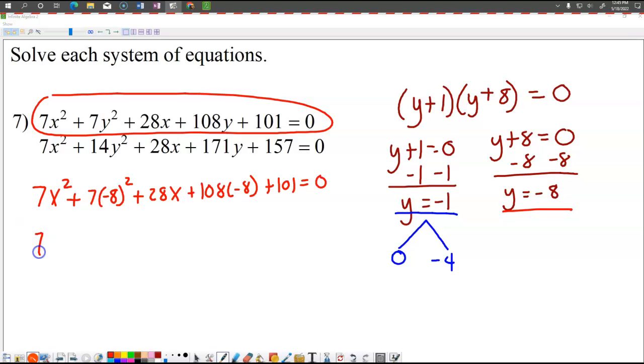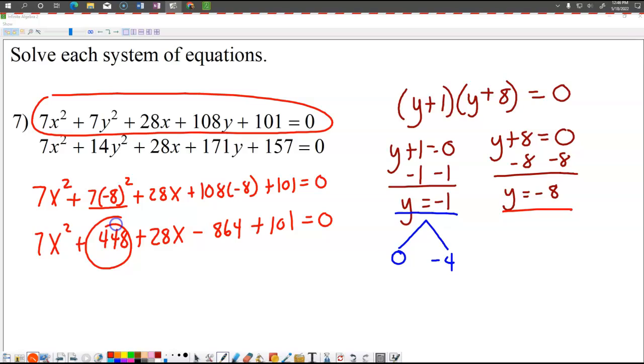All right. So doing that there, I get 64 times 7 is 448. Yowzers. And this one's negative 864.